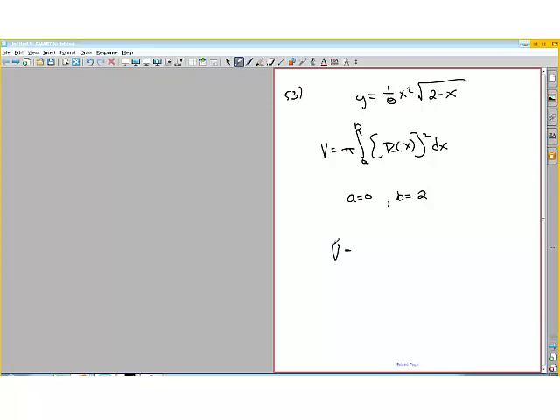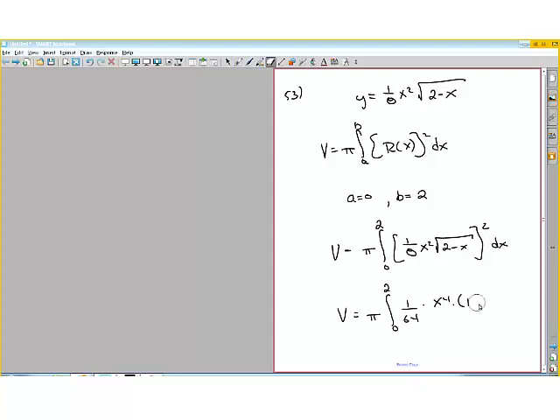So all we have to do is plug it in. Pi, integral from 0 to 2 of the quantity 1/8 x squared square root of 2 minus x, quantity squared, dx. So how does this thing work? Well, you square everything inside, so you get V is equal to pi, and from 0 to 2, you get 1/64 times x to the 4th times 2 minus x.